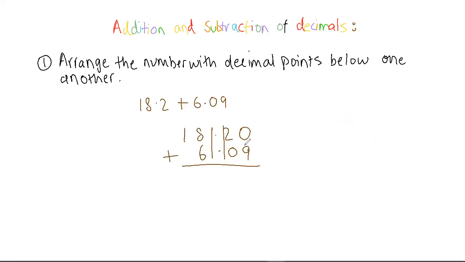we'll solve the sum. 0 plus 9 is 9, 2 plus 0 is 2, decimal, 8 plus 6 is 14, 1 is carried over, and the answer is 24.29. Now one more note to viewers: some people ask me, does only one get carried over?